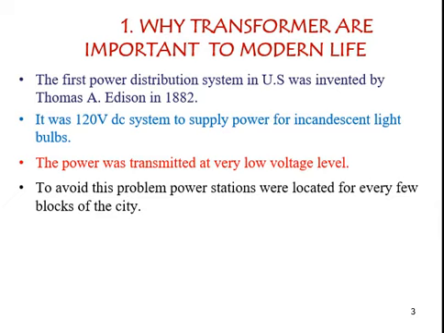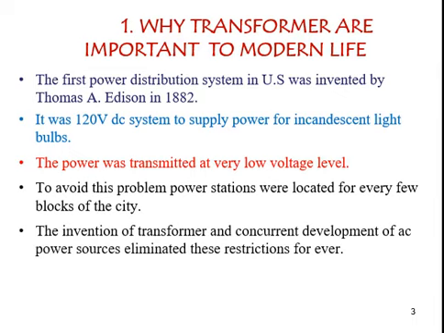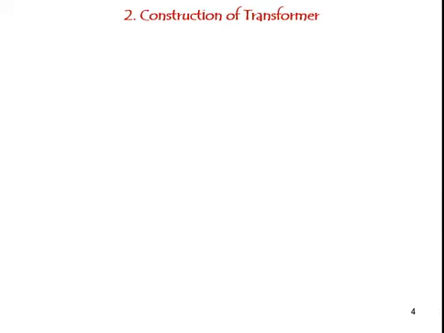To avoid this problem, a number of power stations were located in different parts of the city, but this problem was removed after the invention of transformers and the development of AC power sources, which we will study in detail in the coming slides.